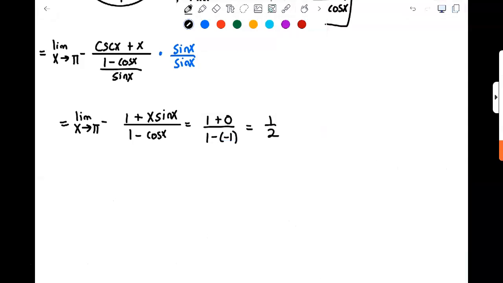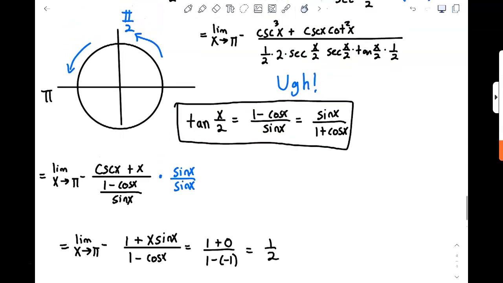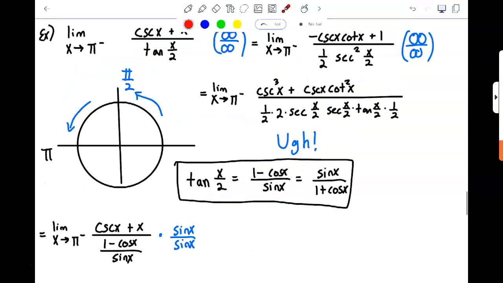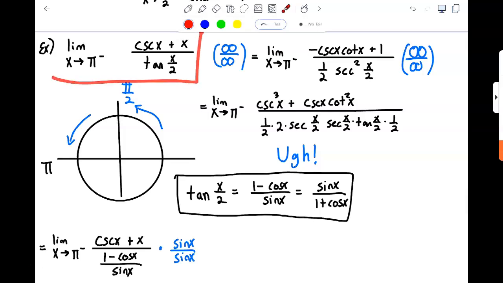So L'Hopital's rule is, again, not always the be-all, end-all. It won't work everything out for us. And this example shows that we needed something else. It was actually this identity here that we needed. Now, I would not present you with a problem like this on an exam, expecting that you memorized this identity.